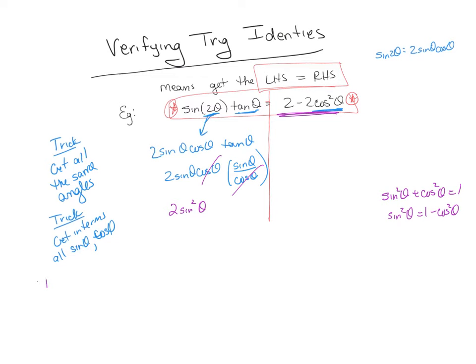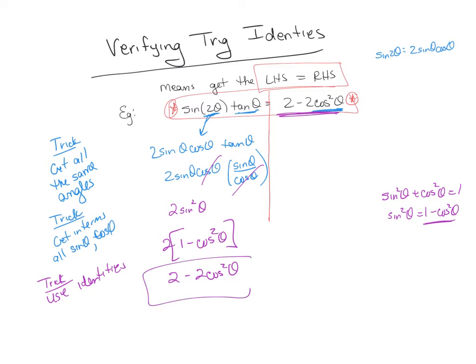So we're going to use your identities. So I have 2, and my sine squared, let's go, 1 minus cosine squared theta. And so distribute the 2 in. And in this case, my left-hand side now equals my right-hand side, and you are done.